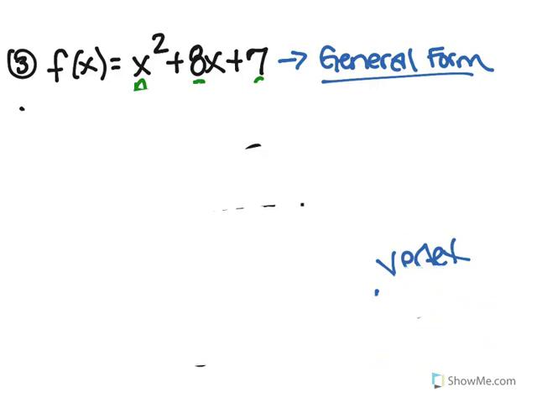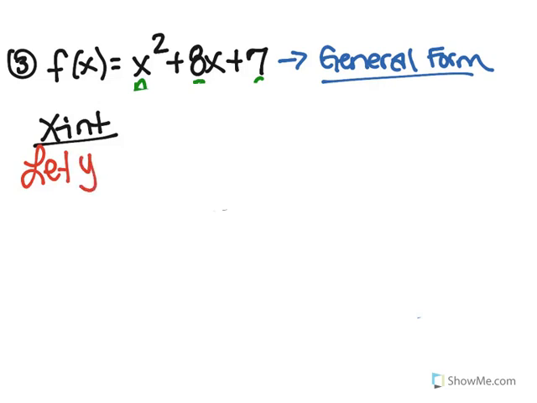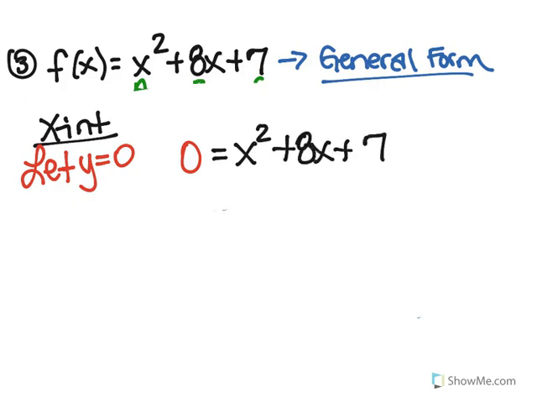Now, taking you back, you know this is a quadratic equation, okay? So with that in mind, if I'm looking for my x-intercept, again, we let y equal 0. So if we let y be 0, this should take you back to what we did very early in the semester.